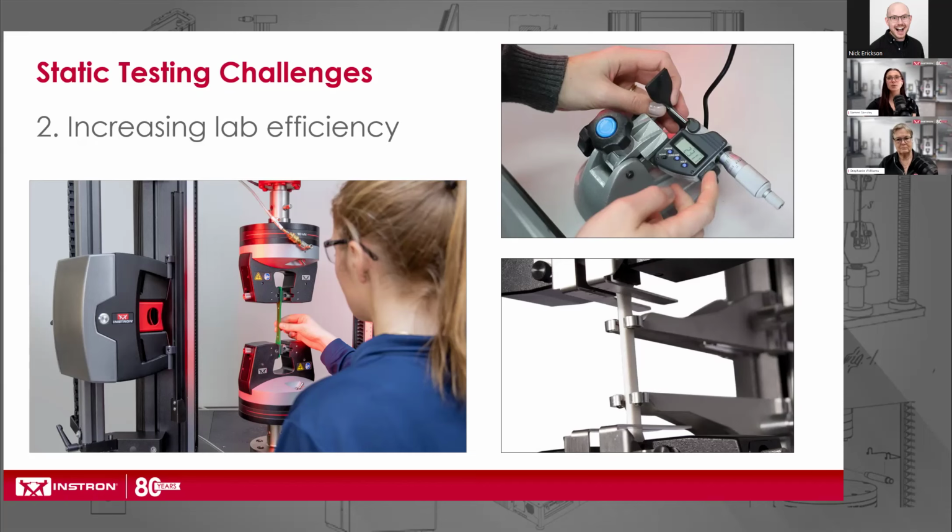Adding an automatic specimen measuring device that will automatically input your width and thickness measurements to your software will save a lot of time. It also ensures that your results are going to be significantly more repeatable and accurate over time.